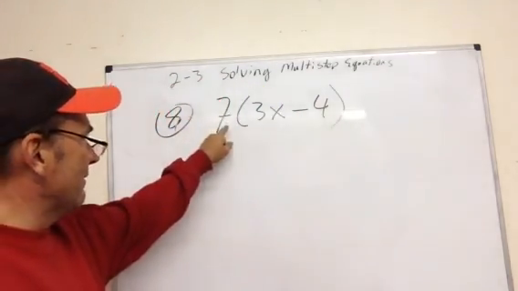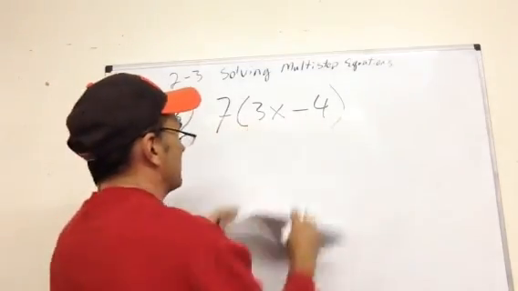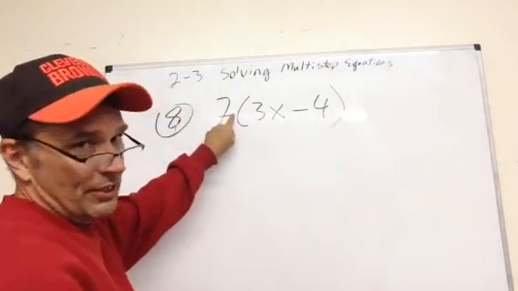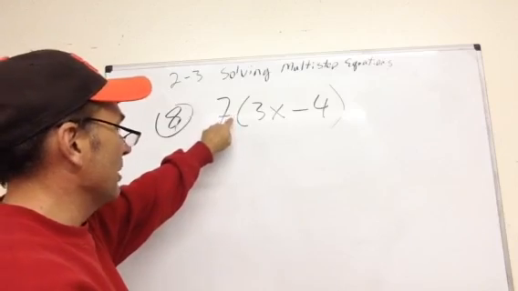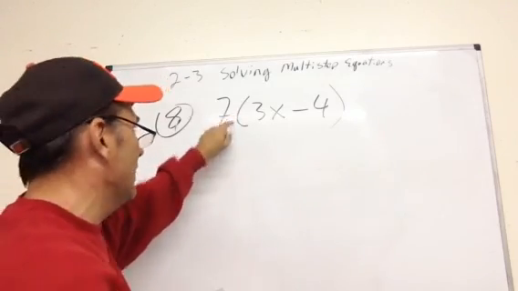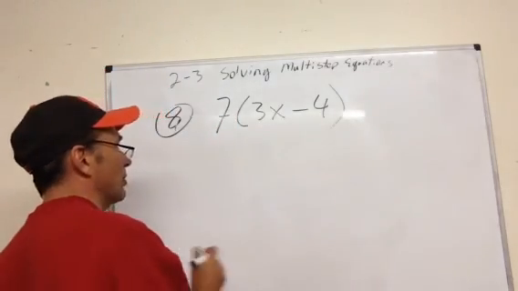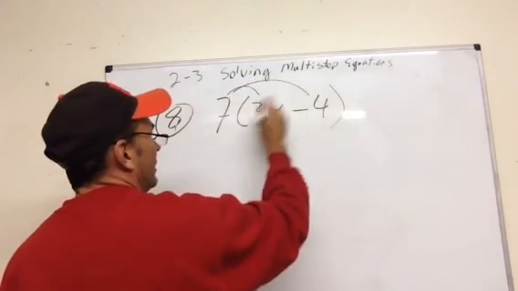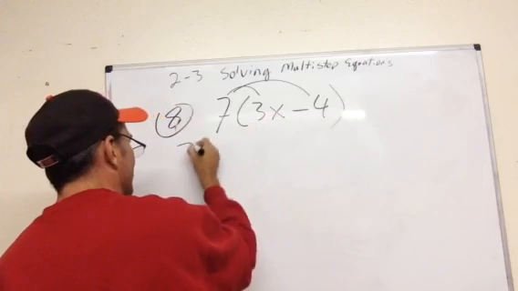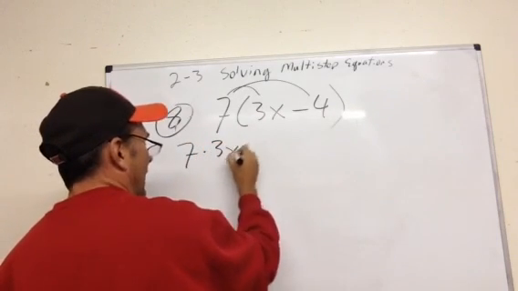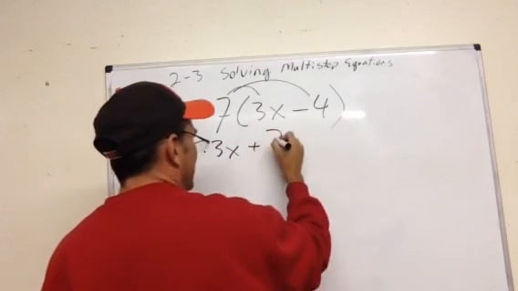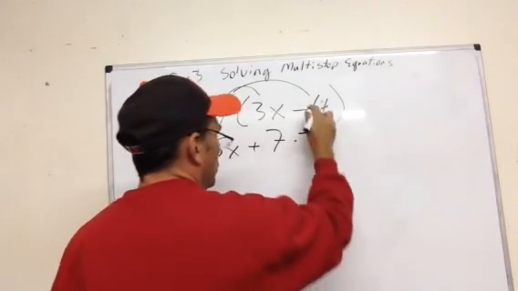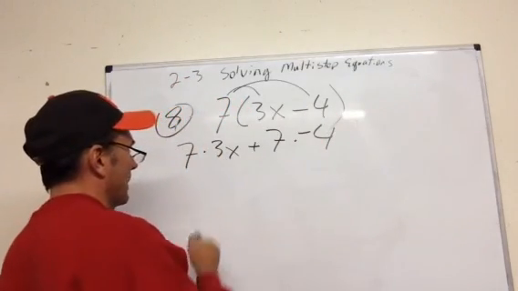What is this 7 doing to this set of parentheses? What operation is there? If you don't see a plus or minus or division sign, we have to assume it's multiplication. So we need to multiply this 7 to the 3x and this 7 to the negative 4.